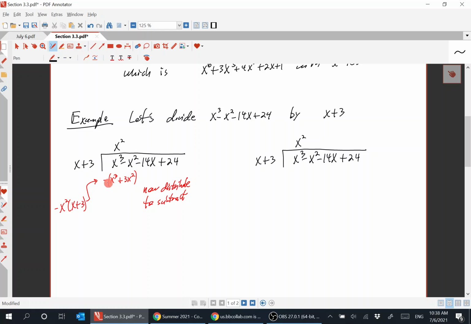So distributing the minus sign through here, I get minus x to the third minus 3x squared.